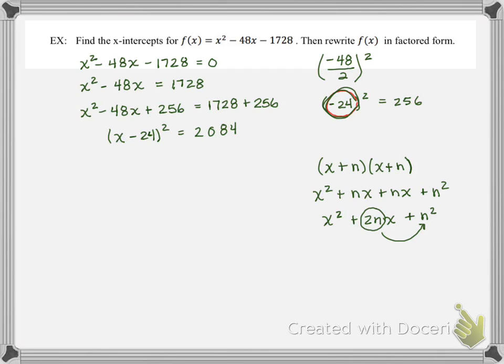Don't you take 1728 plus 256? Yeah. I got 1984 on my calculator. Oh, I see why. Never mind. There was not a 1 to carry right there. Okay. Will somebody tell me what the square root of 1984 is?